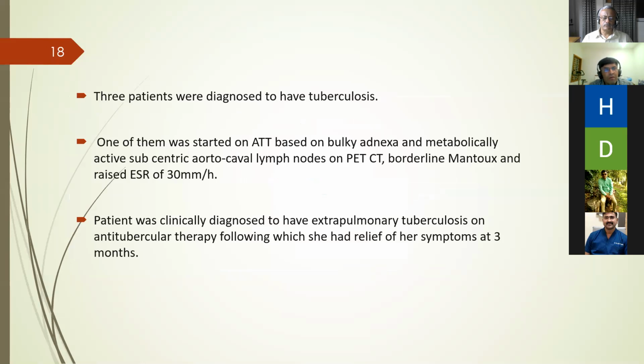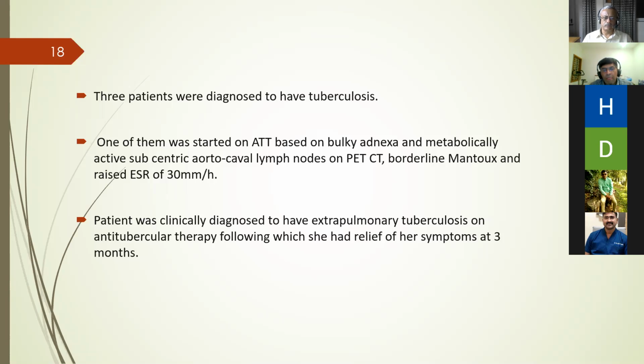Out of the 6 patients, 3 patients were diagnosed as tuberculosis, and one of the patients was started on ATT based treatment. The PET CT showed metabolically active subcentimeter aortocaval lymph nodes, and there was a raised ESR with borderline Mantoux.